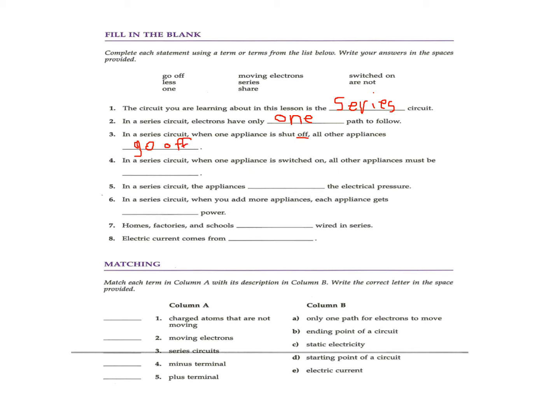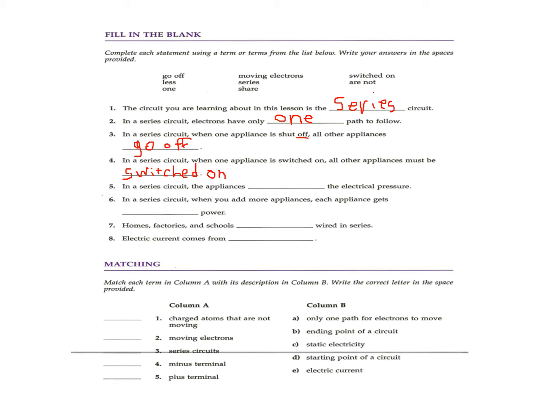In a series circuit, when one appliance is switched on, all other appliances must be switched on. So it's all about all off or all on. You can't have one light off, one light on.